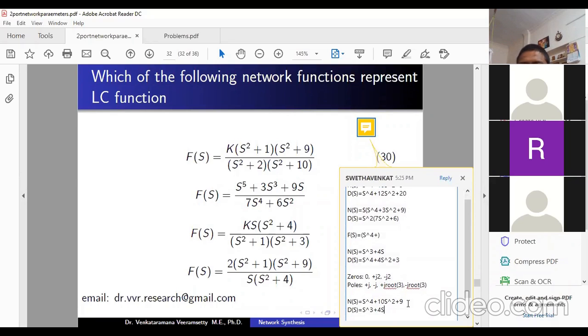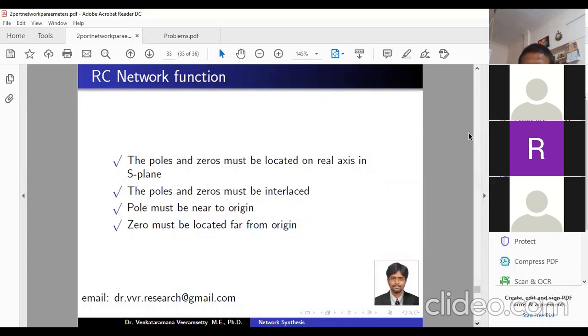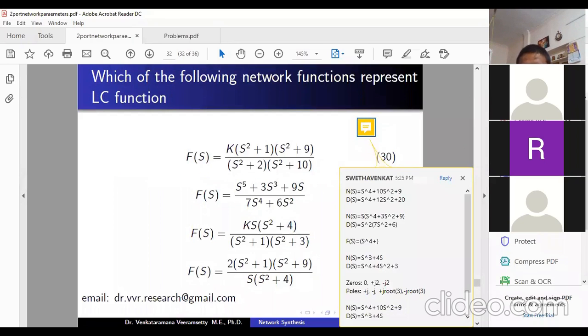So these two conditions are also satisfied.